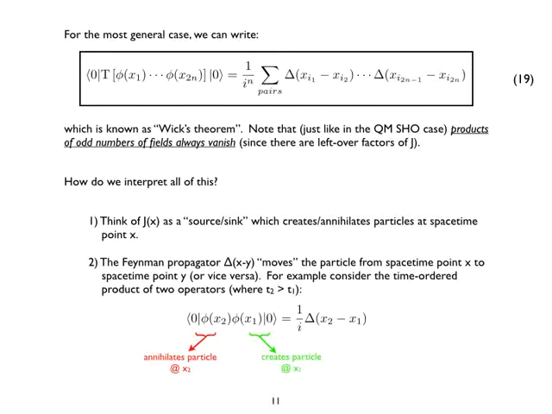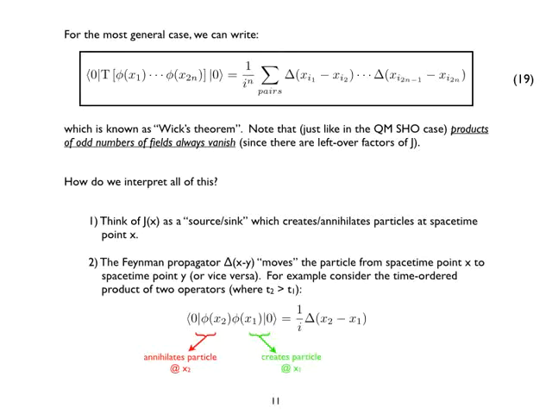The way you see that this happens is to look at the time-ordered product of two operators. And while you're looking at this, remember what the fields, the phi's, look like in canonical quantization. They're linear superpositions of annihilation and creation operators.